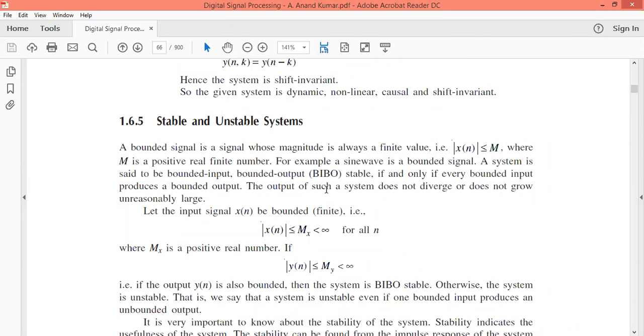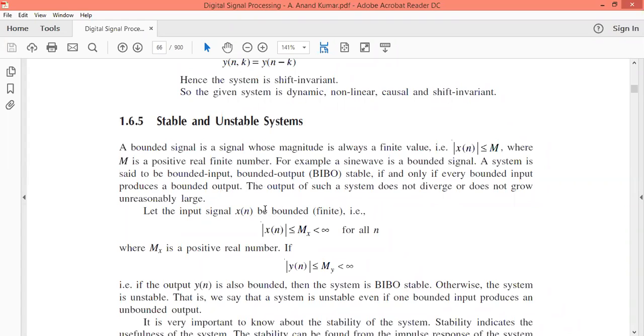The output of such a system does not diverge or grow unreasonably large, because your input is finite, so the output should also be finite. Then we say that the system is a stable system. Otherwise, the system is not stable.